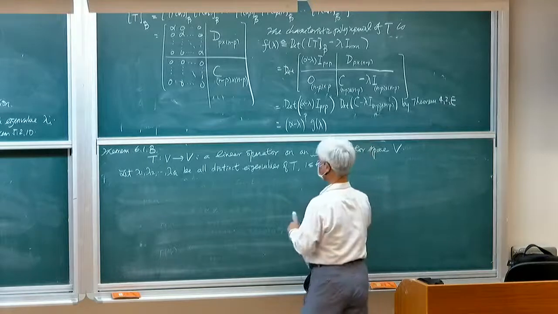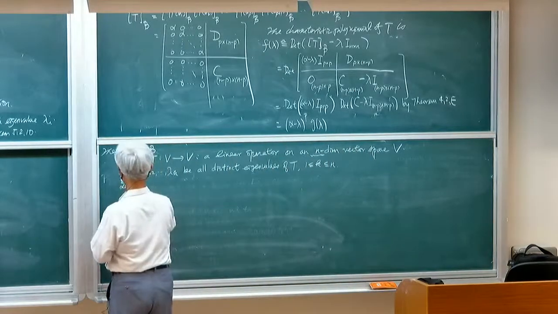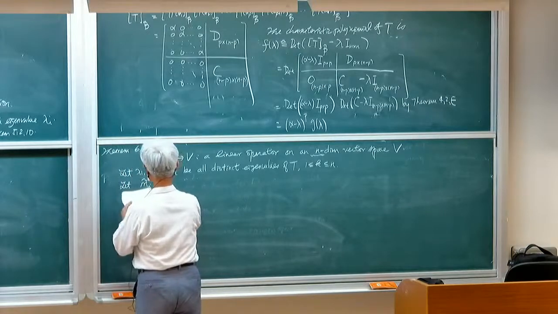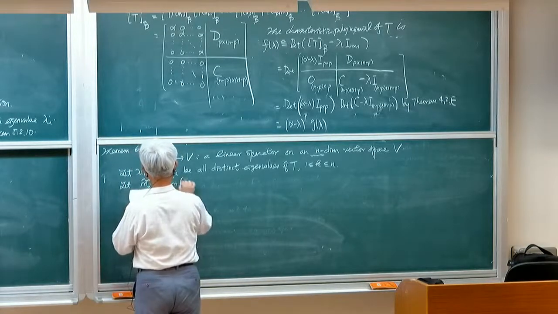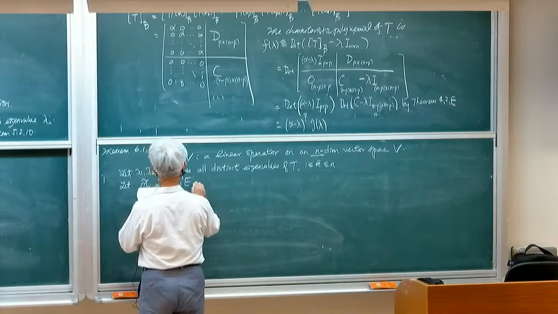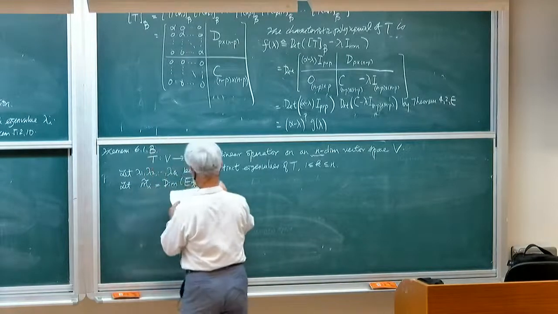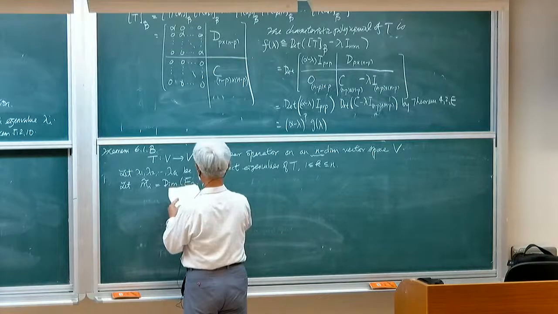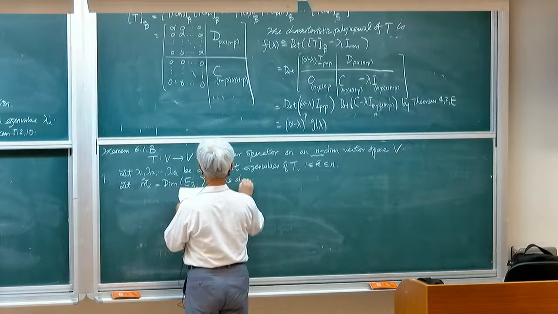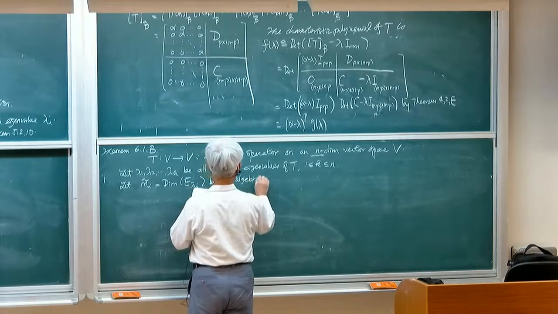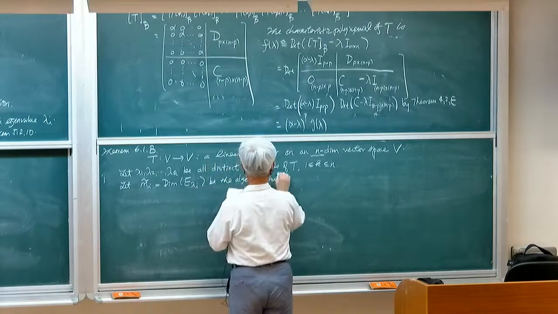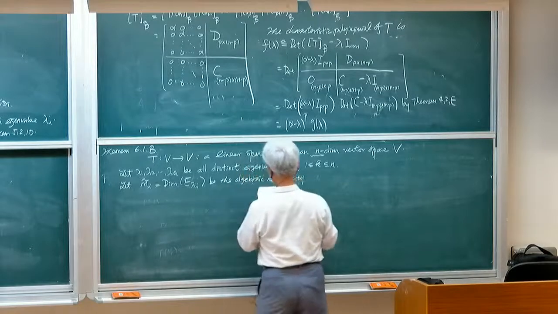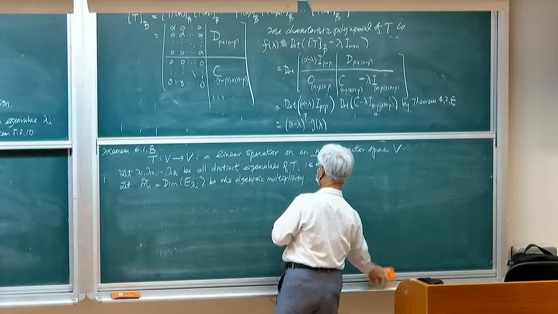Okay, and we let mi tilde be the dimension of the eigenspace of lambda i. Okay, so this one is the algebraic multiplicity, geometric, I'm sorry.